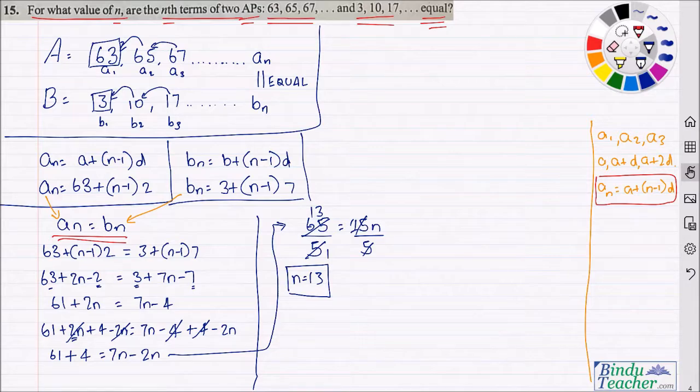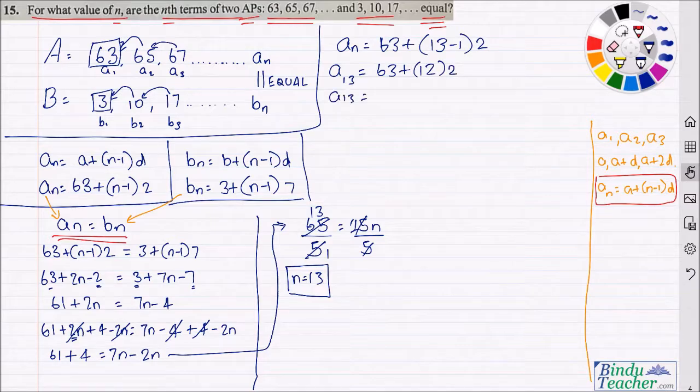So we have a of n equals 63 plus, now the value of n is 13, minus 1 into d. D was 2. So a of 13 equals 63 plus 12 into 2.